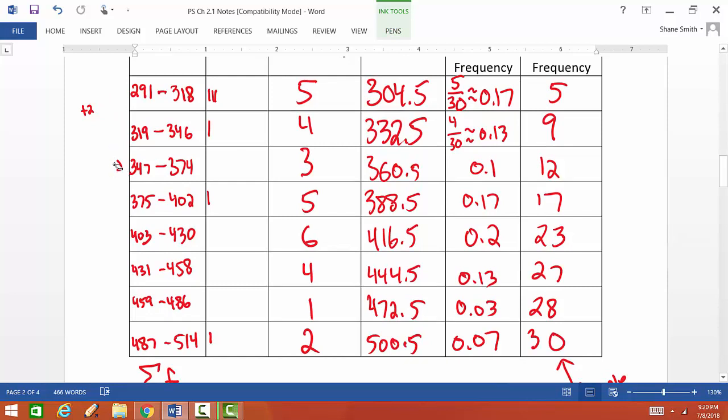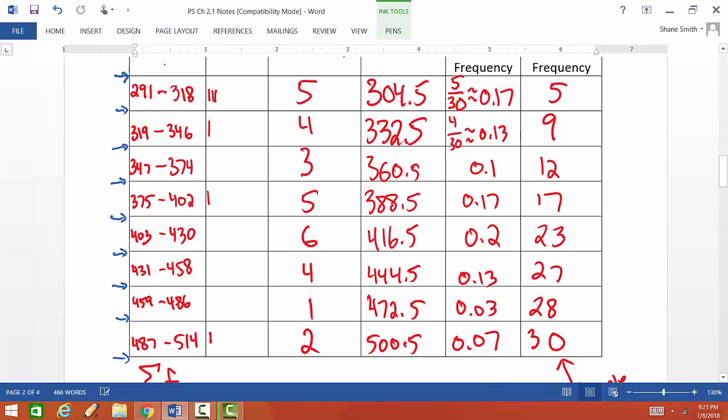If I want to talk about the class boundaries, what I'm going to do is find the numbers that go in between each of the classes and on the ends. So the numbers that go in between each of these classes are halfway.